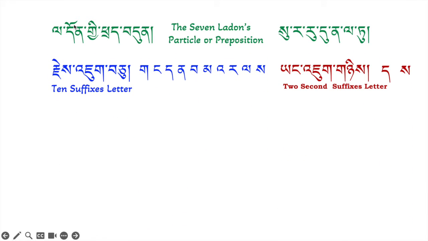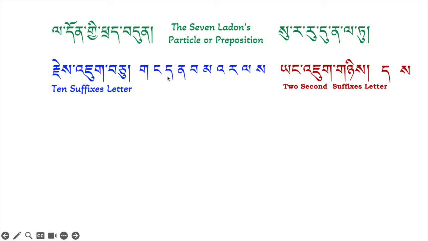So now we have to learn the Ladin in Tibetan. There are 7 Ladin particles or prepositions, whatever you call them, which are su, ra, ru, du, na, la, tu. This is how we can use them: they have to follow after the suffix. Of course this is the Yangjuk ni tasa and Jenjuk, the 10 suffixes.